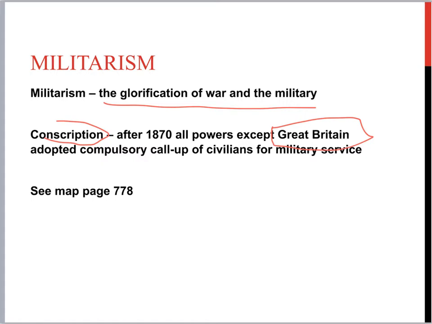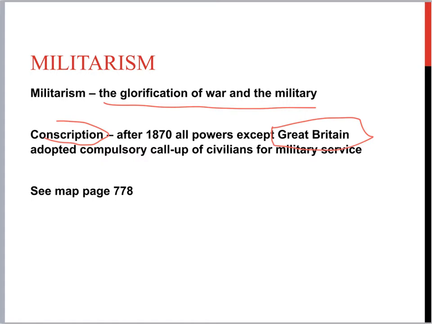So the question I would say would be, what is it about Great Britain that would give them the feeling that they did not need to adopt conscription, and why was it okay that their army was small compared to all the other powers: Germany, Russia, France, Ottoman Empire, Austria-Hungary?